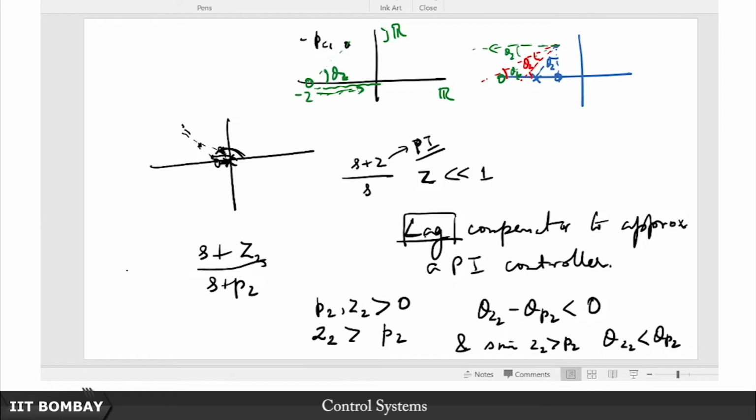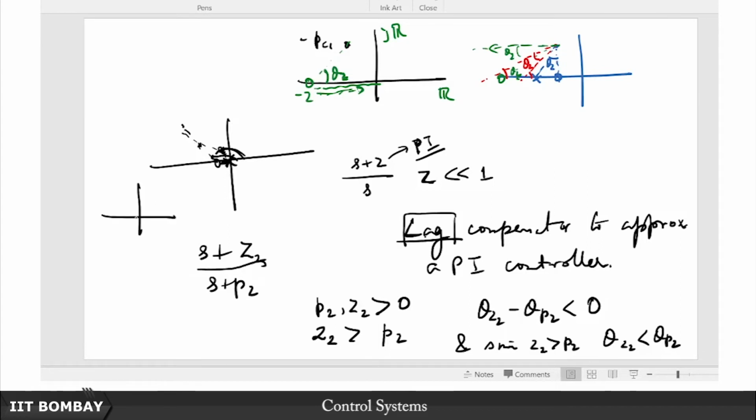But how does the intuition behind this PI compensator, approximated by a lag compensator, work? Remember, the job of the PI compensator was just to tackle the steady state error. We didn't want to disturb the closed loop pole locations, so the lag compensator must also do the same. It should not disrupt the closed loop pole locations.